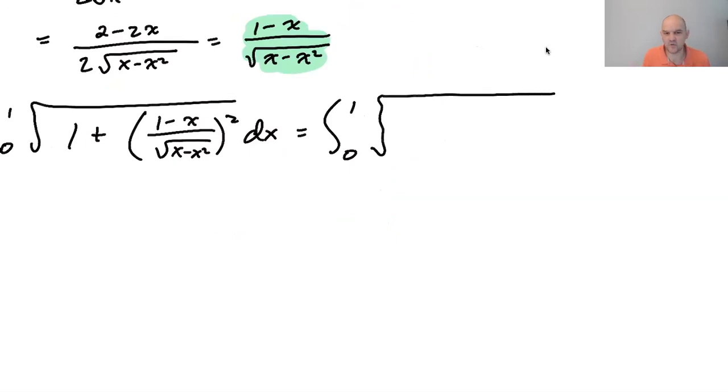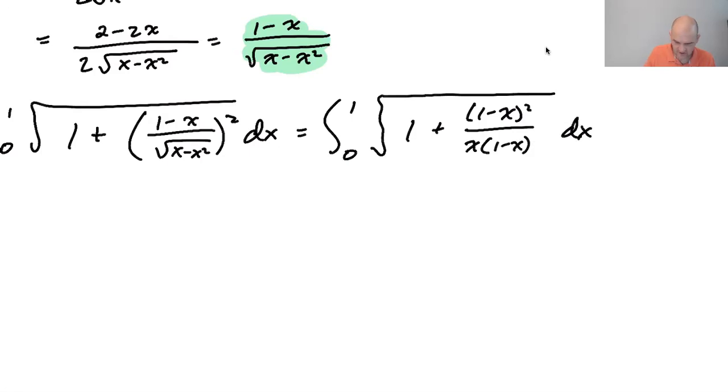All right, so when I square it, I'm going to do another step. 1 plus (1 minus x) squared over x minus x squared, which is x times the quantity 1 minus x. So actually, I'm going to factor that right now.